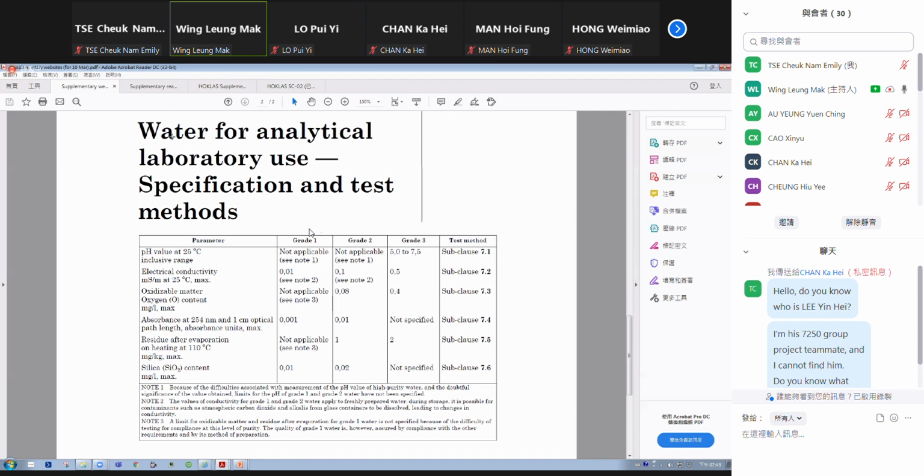Otherwise, you cannot use those waters for your chemical analysis. Grade 1 should be ultra high purity water. Even if you open it for 1 or 2 minutes, it will deteriorate to grade 2 due to environmental contamination.